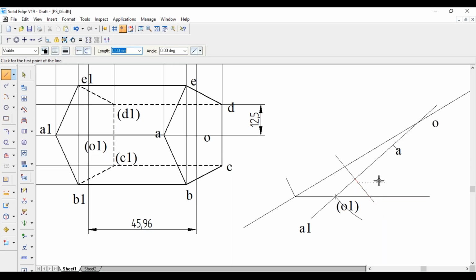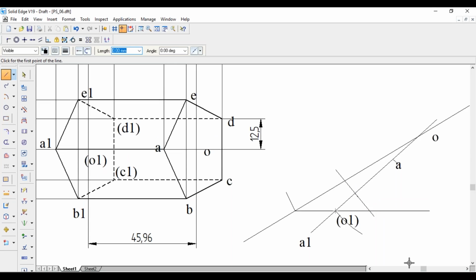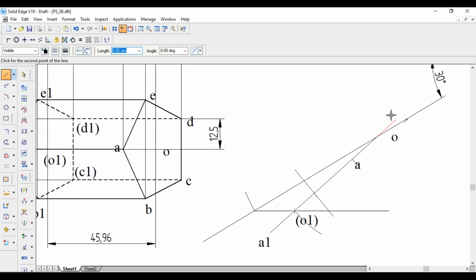Same thing from this end point also: draw a line perpendicular to OO1 of 12.5 mm. On the opposite side also, the same thing, for a length of 12.5 mm.